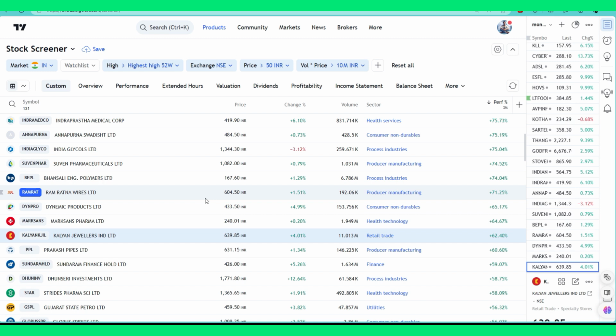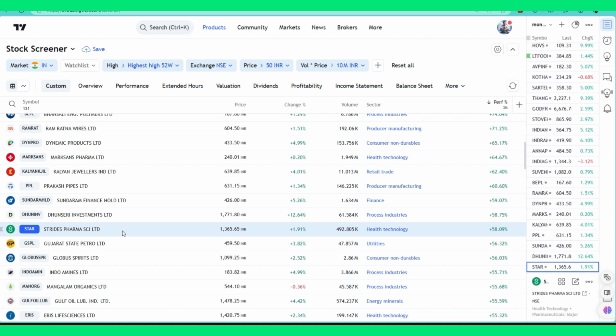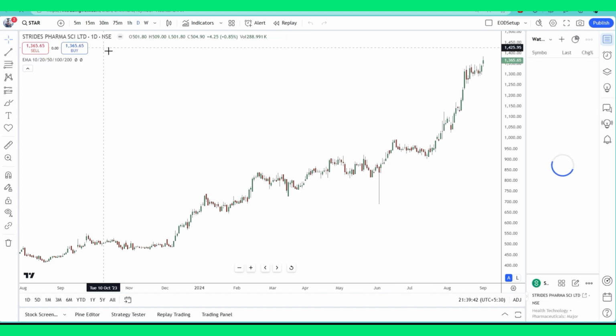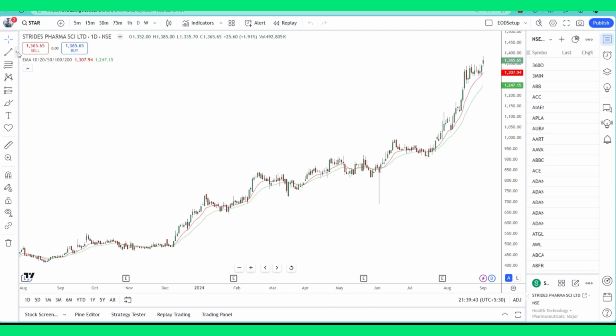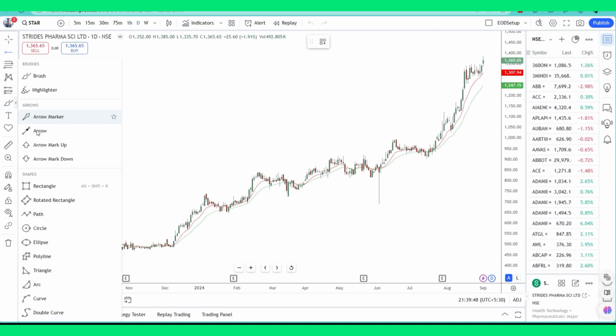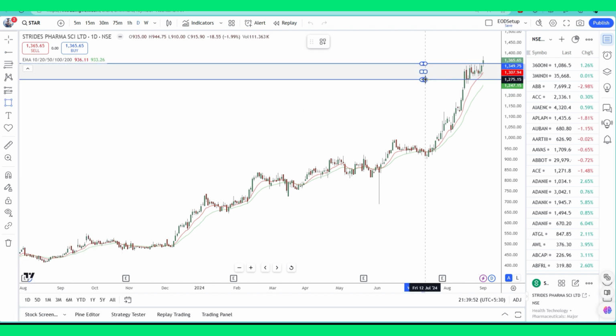Now going and looking at some more. I'm just giving an example of how I do my scan. You could do it in a different way. I like to have a beautiful chart, right? So we can see that this one has a beautiful breakout here of a consolidation, right?